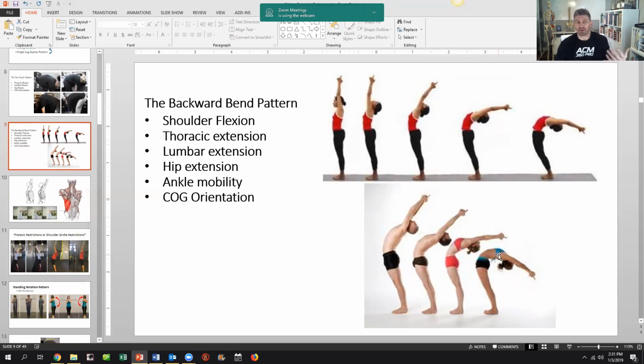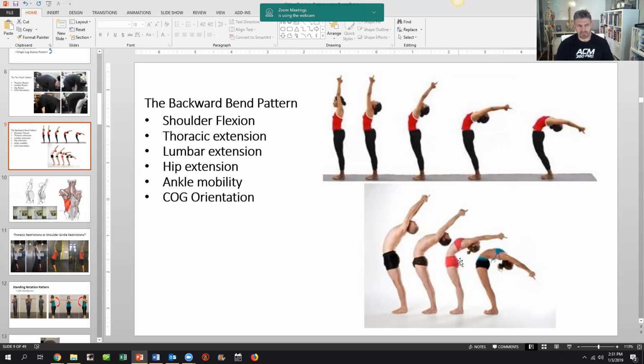Now, she may have great range of motion in her thoracic back, but that's a key in the backward bend pattern that's not a symmetrical pattern up there, and that's why we're using the sitting rotation pattern to confirm that she has great mobility. If she doesn't, then we know that there's some restriction there. If she does have great mobility thoracically in the sitting rotation, then the backward bend just shows a lot of joint laxity or instability.